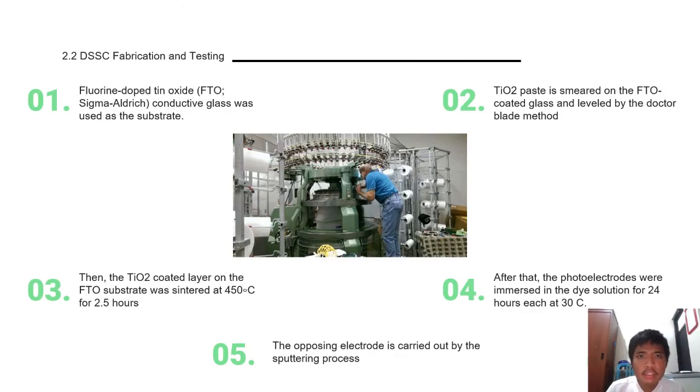For the next slide, 2.2, DSSC fabrication and testing. For number 1, fluorine doped tin oxide or FTO Sigma Aldrich conductive glass was used as the substrate.